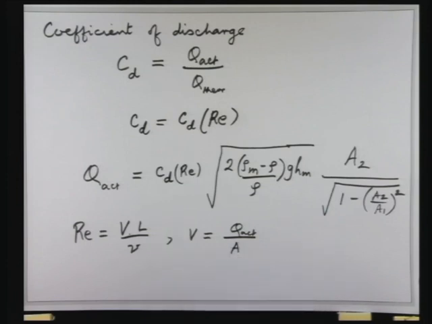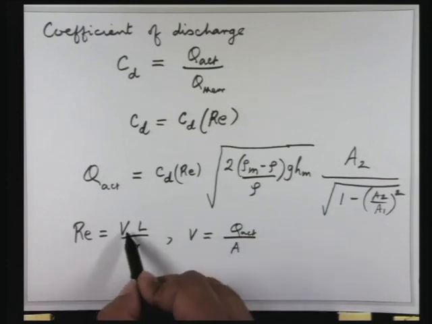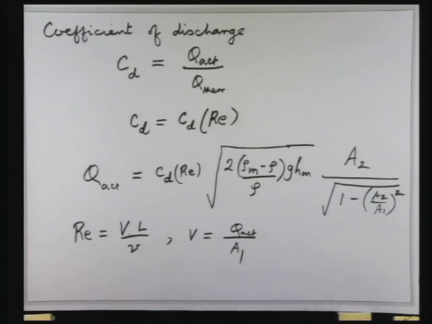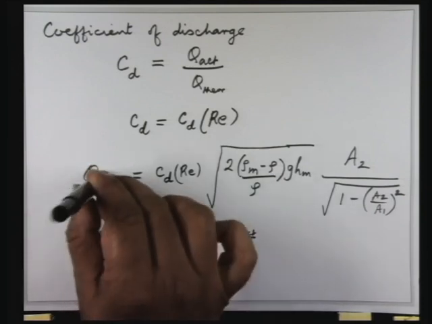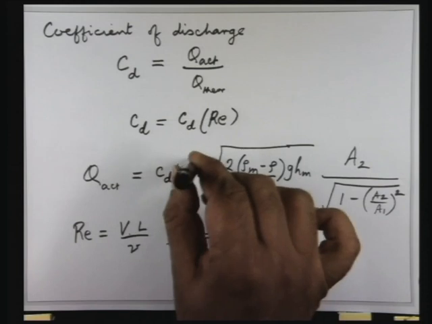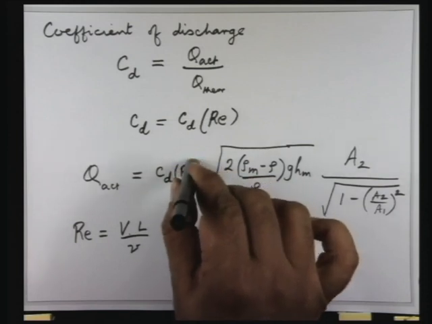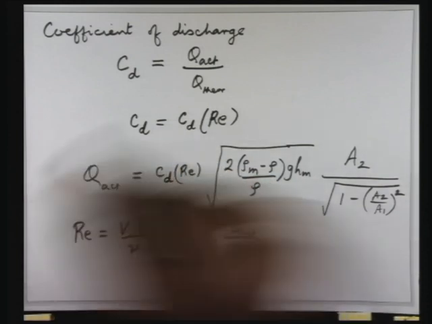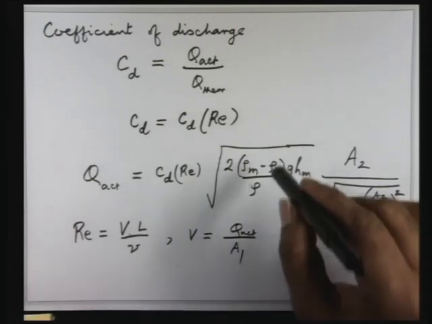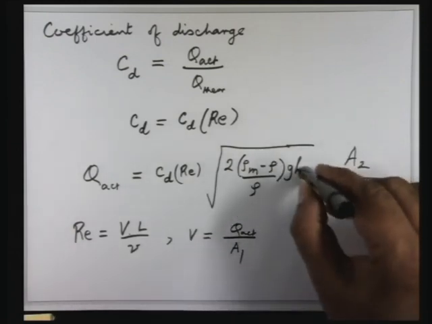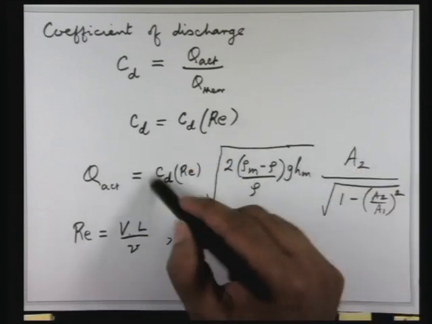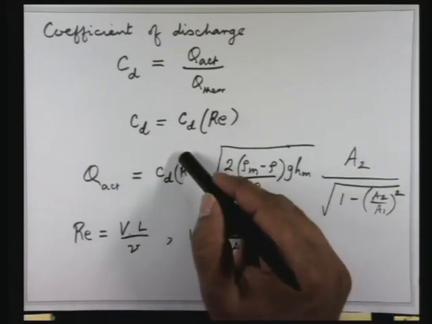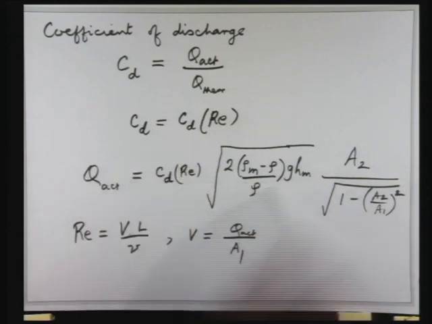If I take this to be the upstream value, then I will take it to be A1, the velocity in the pipe. Now you see that this Q actual is on the left hand side of your equation and is also appearing on the right hand side of the equation. Now how do you solve an equation of that form? But there is only one unknown. You measured h_m in the lab. So if somebody fits a curve from your calibration experiment, you know that. So what principle will you use to solve this?